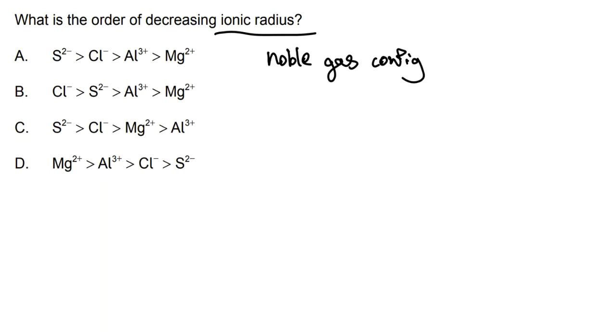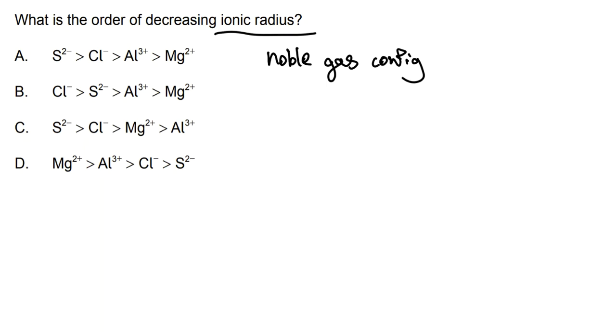Similarly, if we have potassium losing an electron to form a +1 cation, then that's going to also have the same electron configuration as argon.